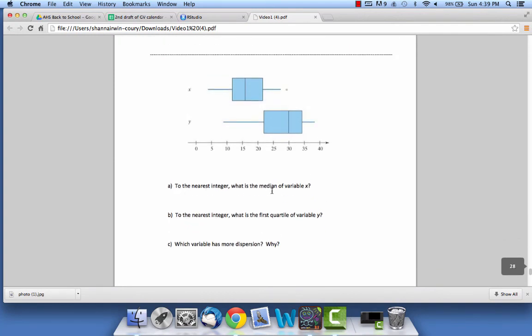So if we wanted to know the median of this variable, we just come down, and it looks to me like 16 probably to the nearest integer. The first quartile of variable y, so the first quartile is the first line. I'm going to say 22.